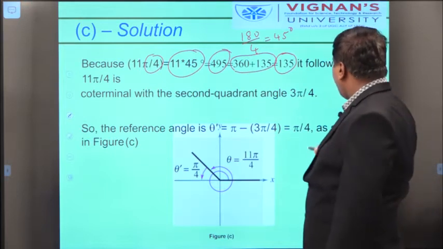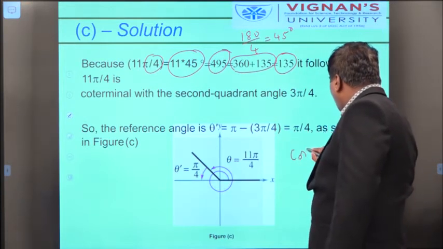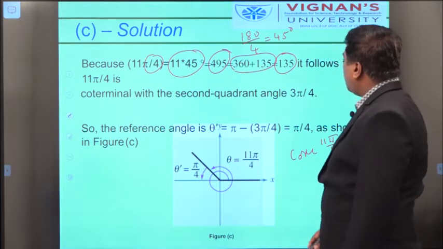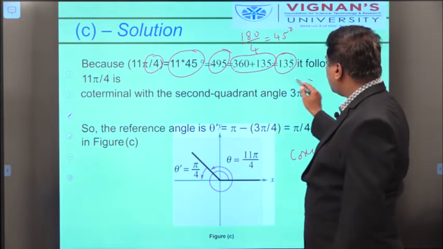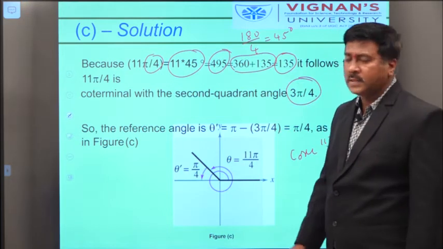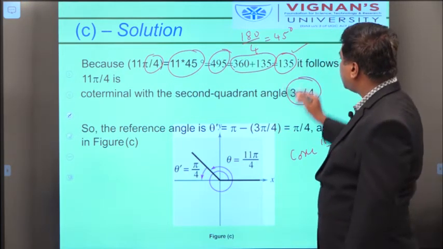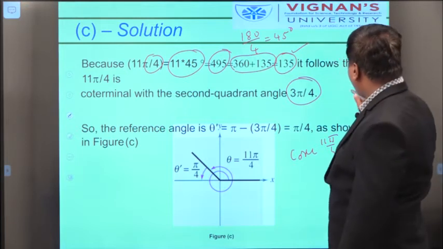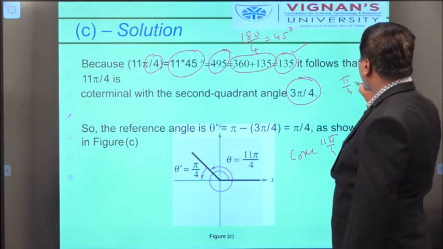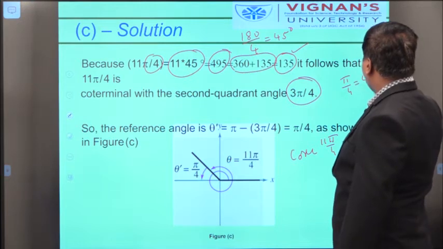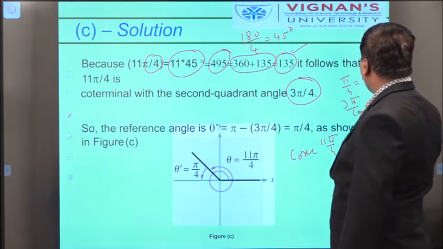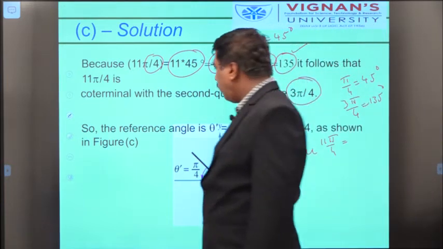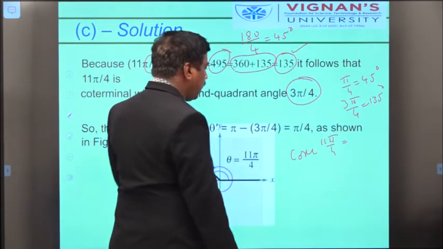Cosecant of 11 pi by 4 is in the second quadrant, so the angle is 3 pi by 4, because you have to convert into radians. Pi by 4 is 45 degrees, then 3 pi by 4 is 135 degrees.